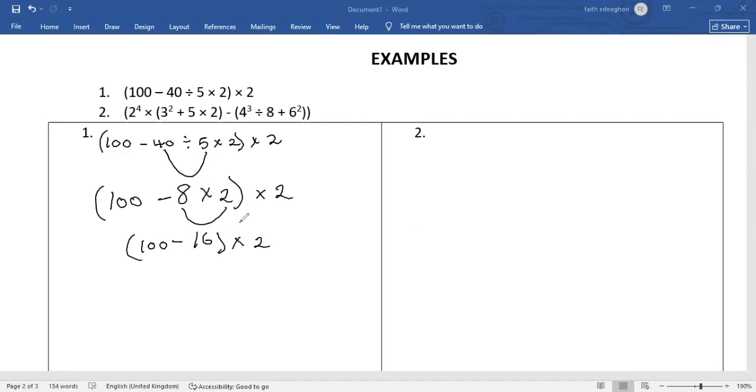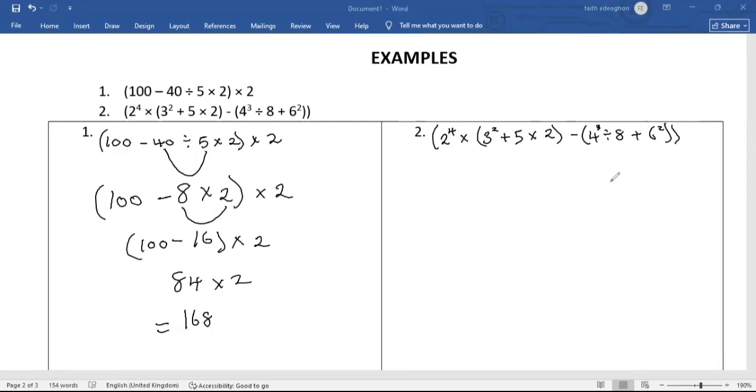Then 100 minus 16 would give us 84. So that is 84 times 2. And when you multiply 84 times 2, you get 168. So that is our answer. Question 2.